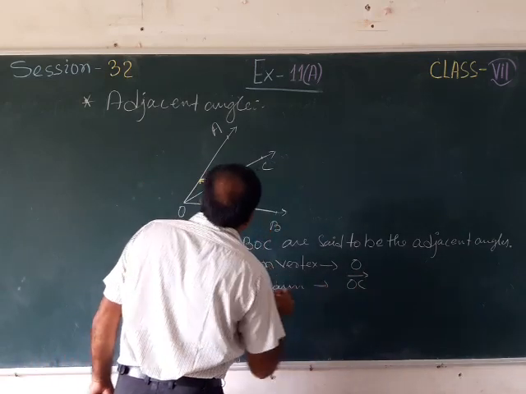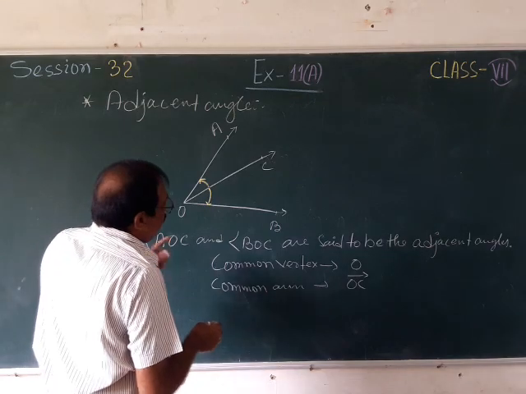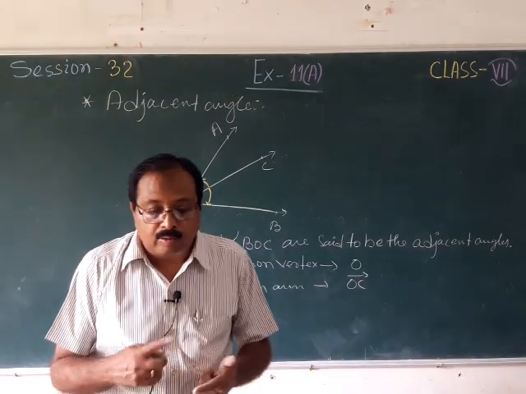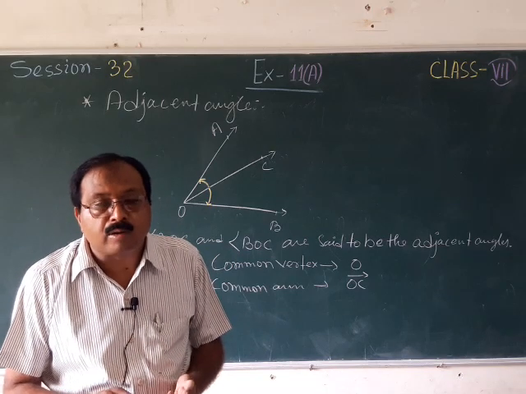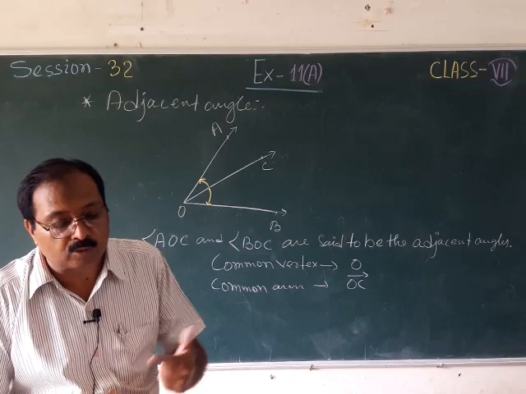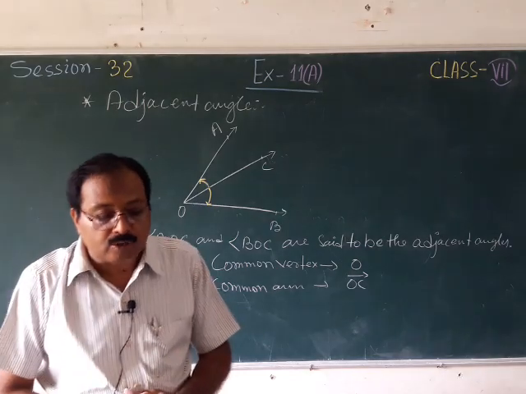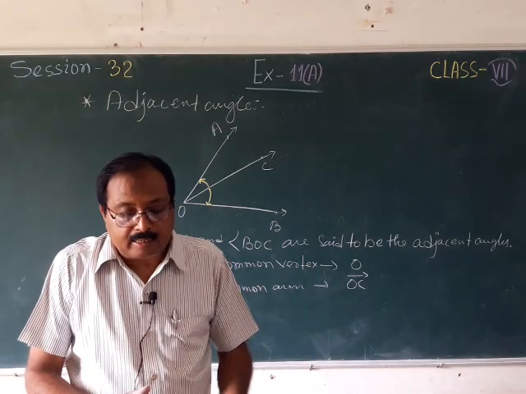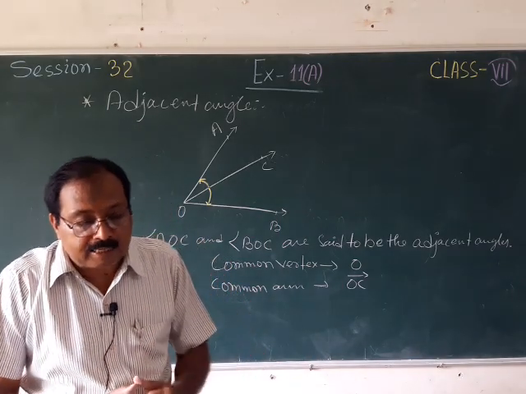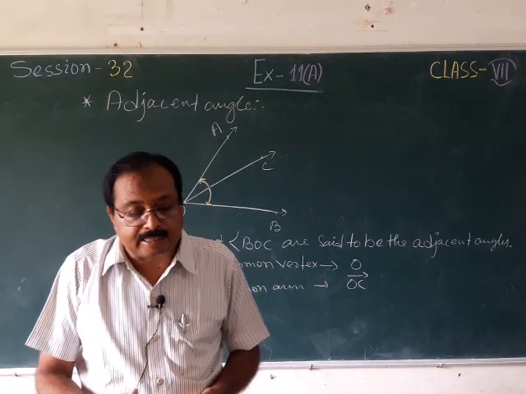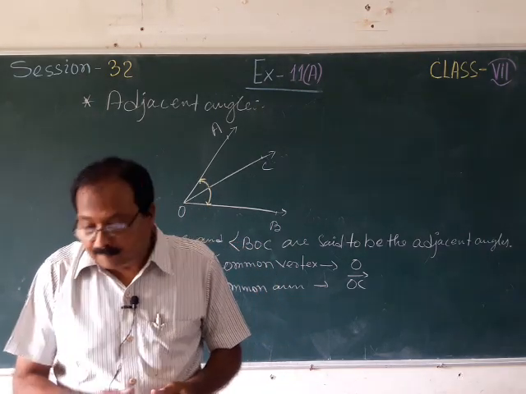OC is the common arm, and arms OB and OA both are the uncommon arms and they are on either side of the common arm. So these are adjacent angles. You can copy down the figure and definition that is on page number 136. You can copy down about adjacent angles.